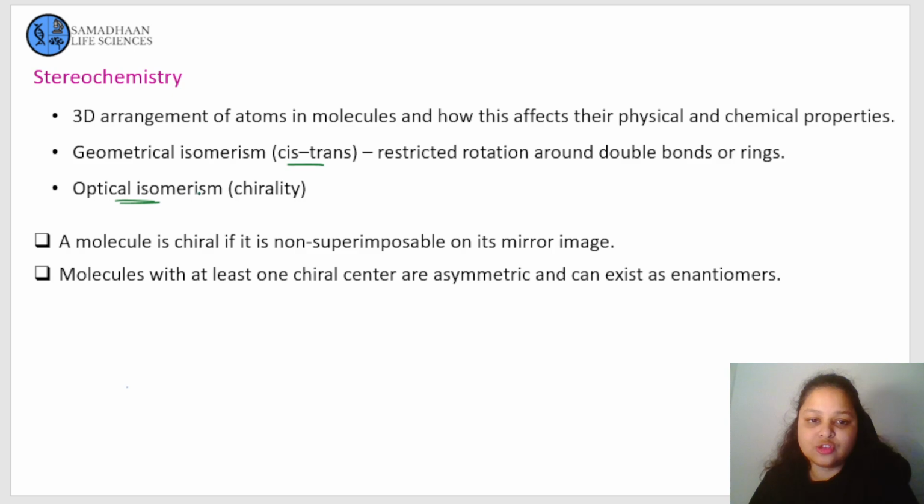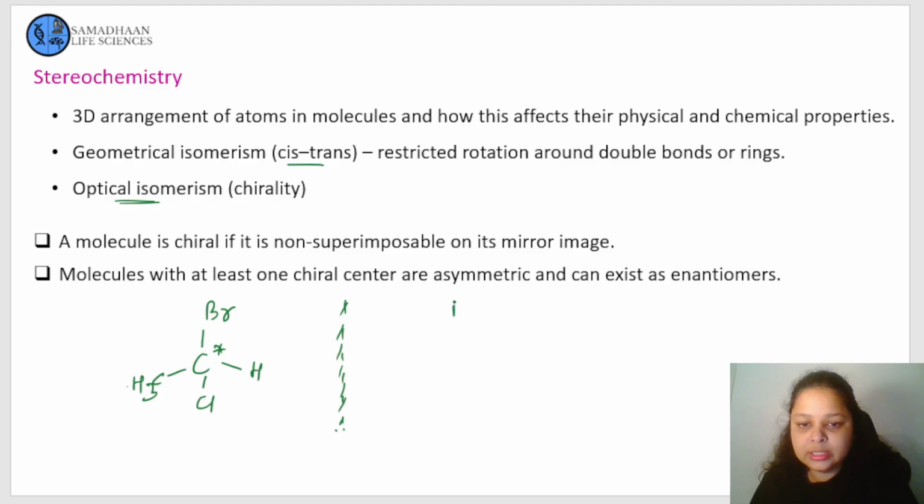For optical isomerism, we need a chiral carbon. So what's a chiral carbon? If a carbon has four different types of groups around it, for example this, then this carbon is a chiral carbon. I will represent this with a star, and if I put a mirror here, then for this mirror image, the atoms will have the same connectivity with the central atom, but I cannot take this mirror image and superimpose it on the original molecule.